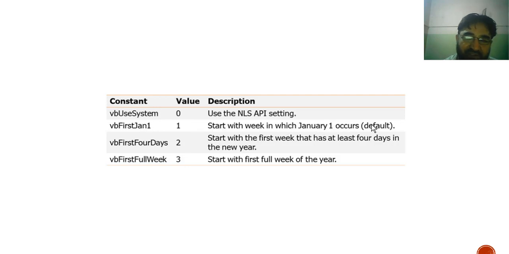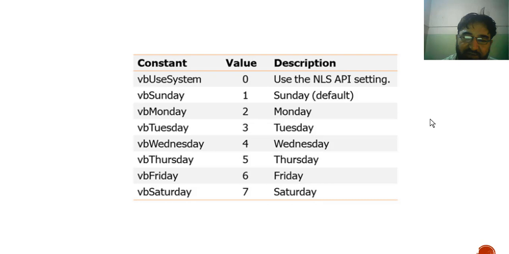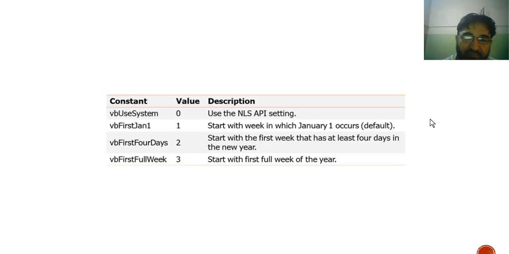Next, the same way, the first week of the year starts with the week in which January 1 occurs. This is the default. If in this format you give the value 1, then by default it will start with the week in which January 1 occurs.